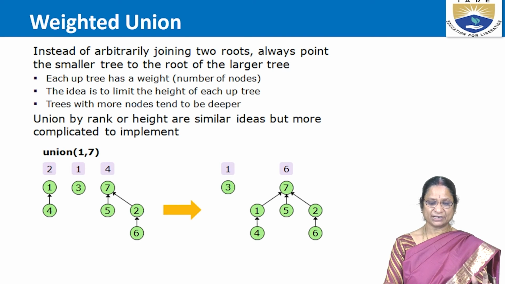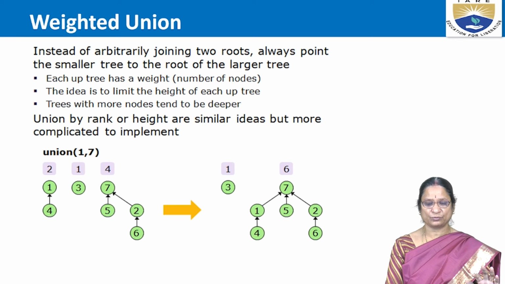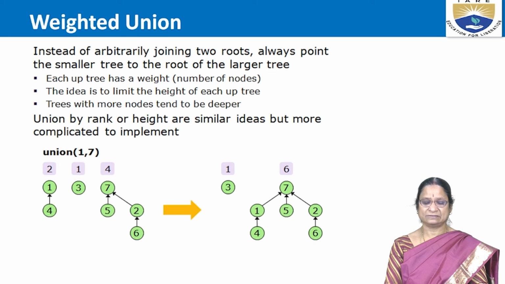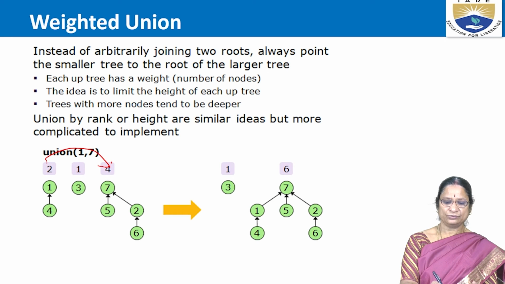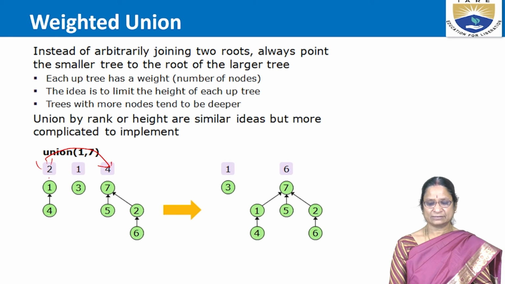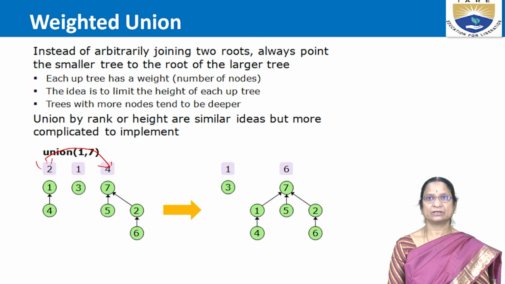For example, consider the trees 2, 1, 4. Here the number of nodes are 2, 1, and 4. That is the weight. When we union them, first the tree with fewer nodes is added as a child to 7. The union of 2 and 4 can be considered as a child.